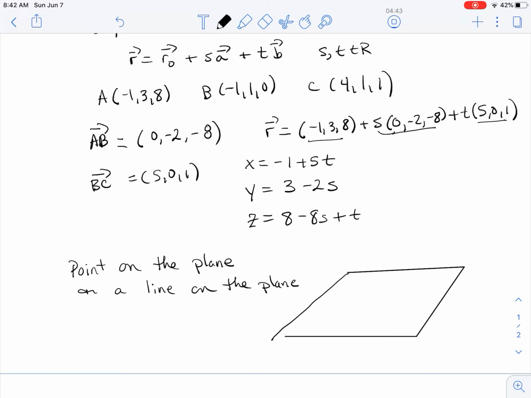Again, think of a plane as this big sheet of ice in the form of a parallelogram that expands in all 4 directions infinitely. In this situation, you know a point, and you also know the equation of a line. Here's an example. We're going to go with (1, -5, 9). And then I'm going to give you the vector form of the line.